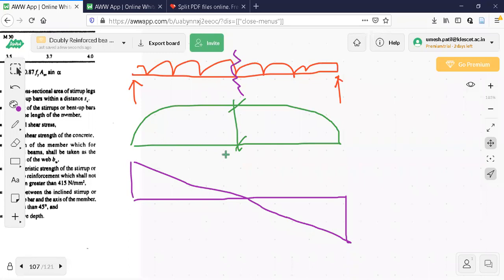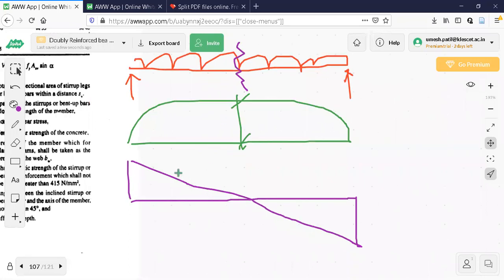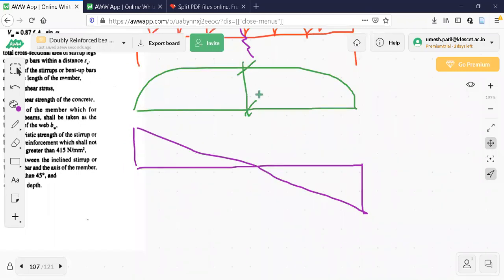There the beam will fail due to bending. Similarly, look at this figure here. Where is the possibility of failure of a beam due to shear?